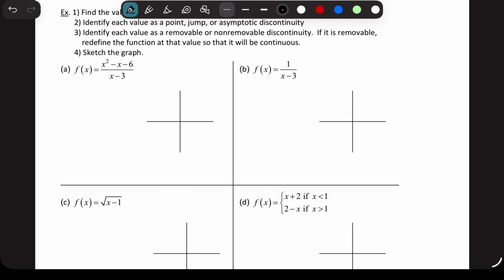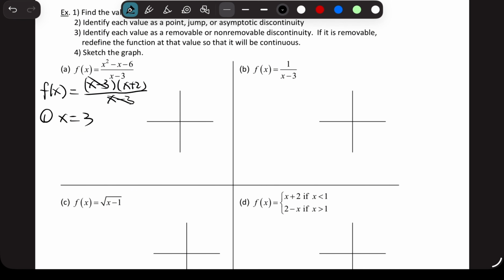Let's look at the first one. We can simplify the whole equation as f of x equals (x minus 3) times (x plus 3) divided by (x minus 3). There's a hole at x equals 3, so we can say the value at x equals 3 is undefined.